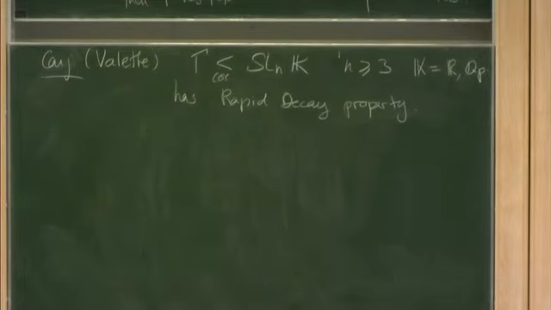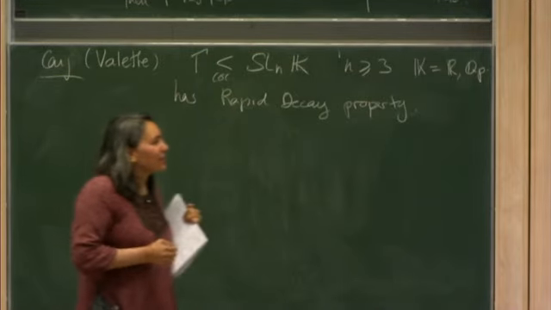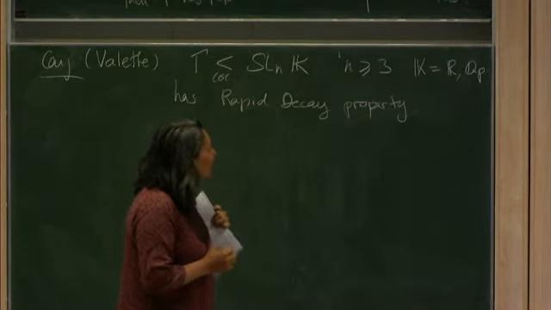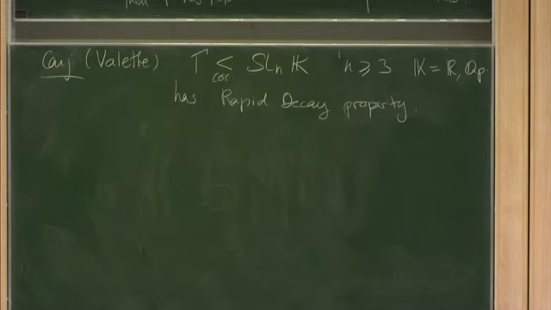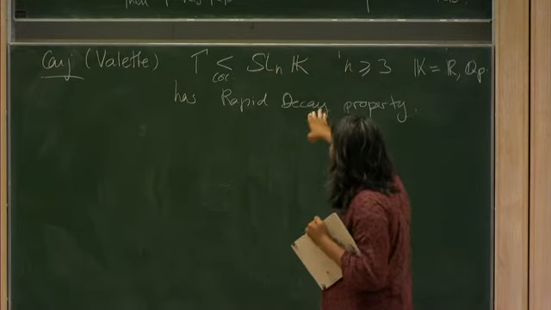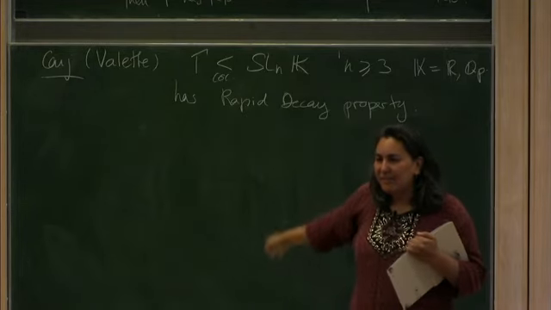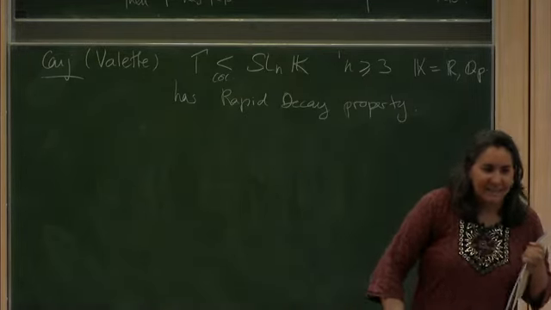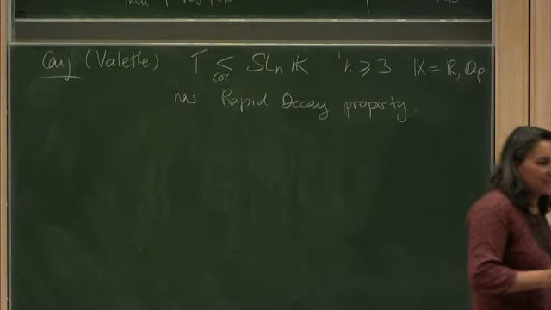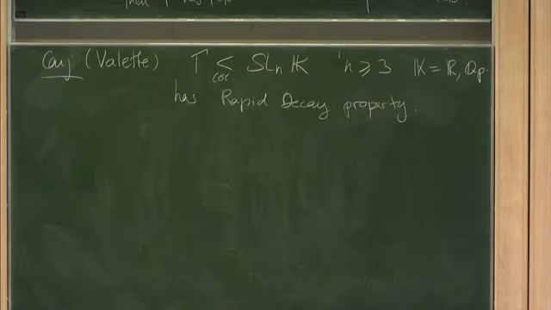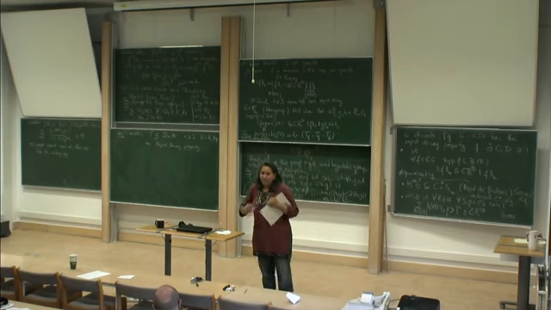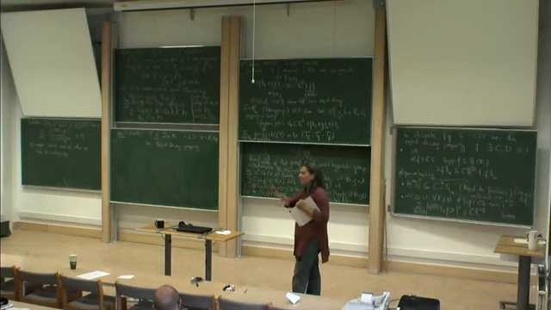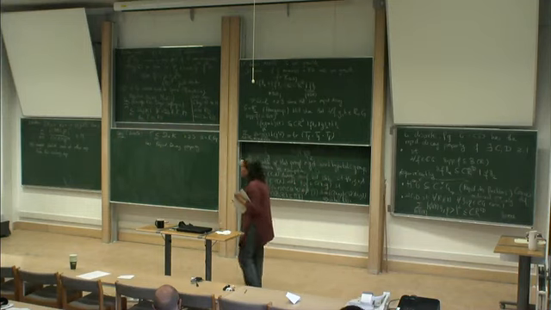And so there's a naive attempt for that, which is it's not very hard to see that you have that SL_n R has rapid decay property. That's not very difficult to do. It's actually Kunze-Stein phenomena. When you understand Kunze-Stein phenomena, which we didn't, so we redid it. But there are several very nice proofs of the fact that it has rapid decay property.